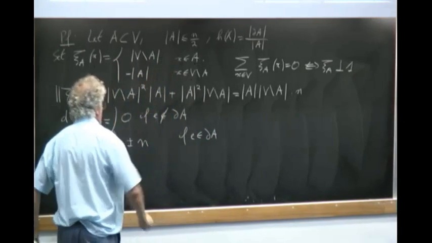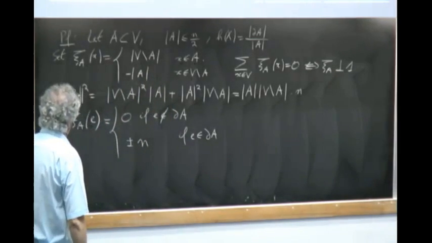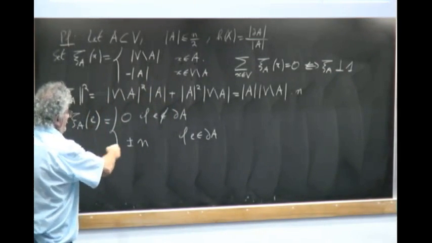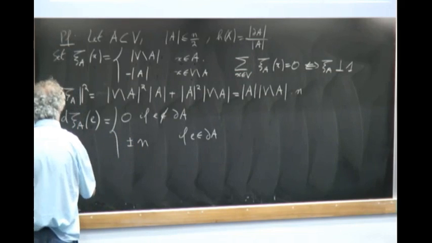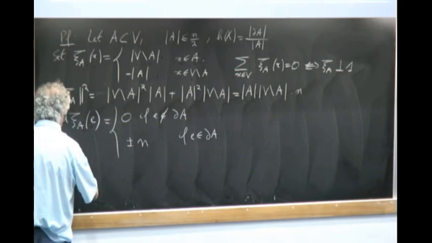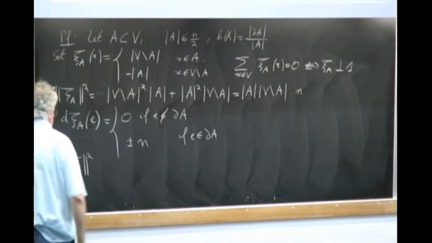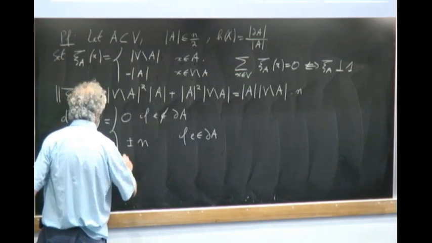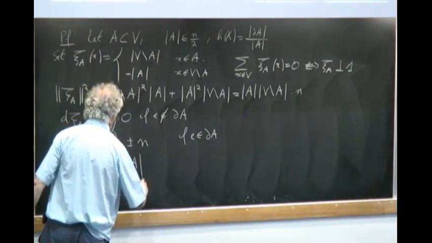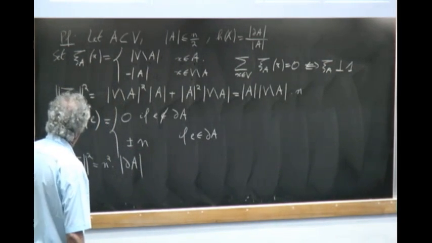So it's plus or minus n. But since we are going to square it, the plus or minus doesn't matter at all. So what we need is the L2 norm, and we see that this is n squared times the cardinality of the boundary of A.